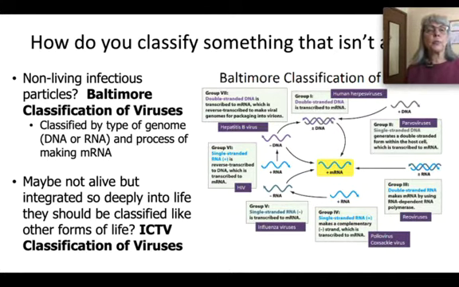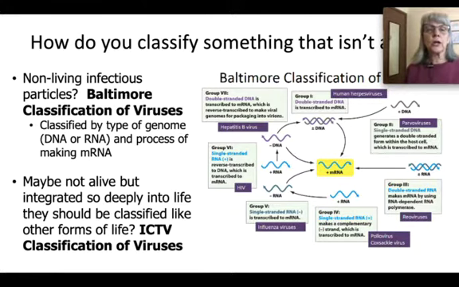So there are 2 methods or 2 ways in which they can be classified. This is the Baltimore classification, which takes the approach that viruses are non-living infectious particles. In this method, they are classified by their type of genome, whether it's DNA or RNA. And also, they take into account the process by which messenger RNA is made, okay?